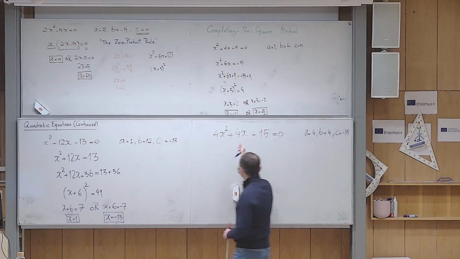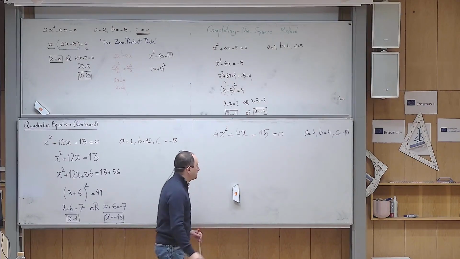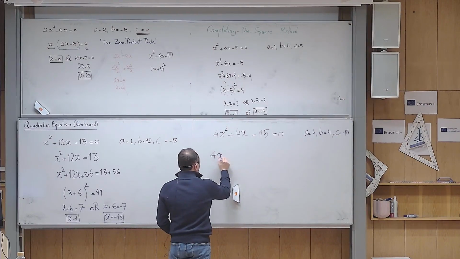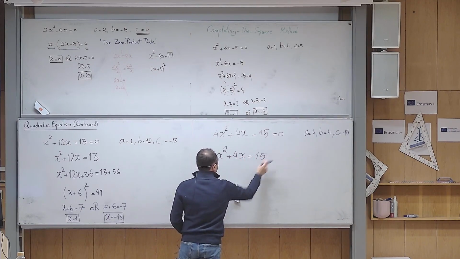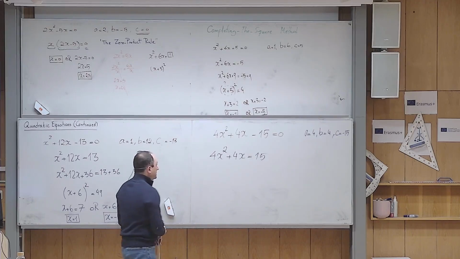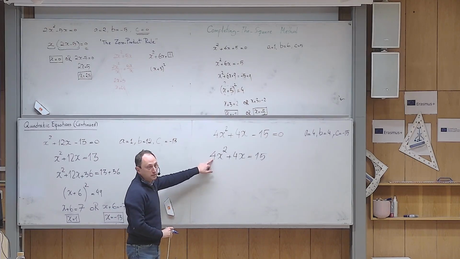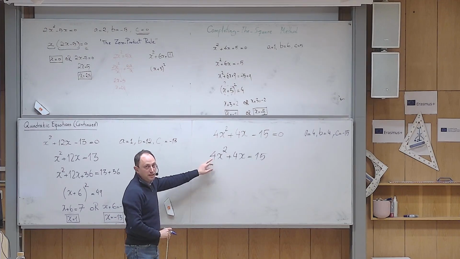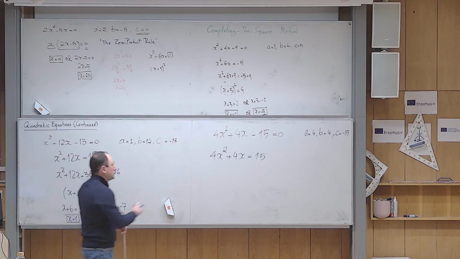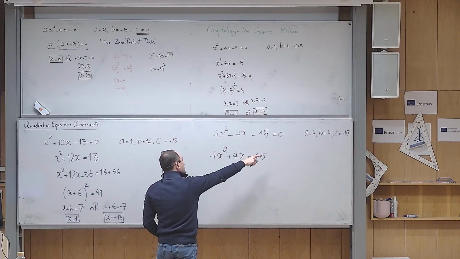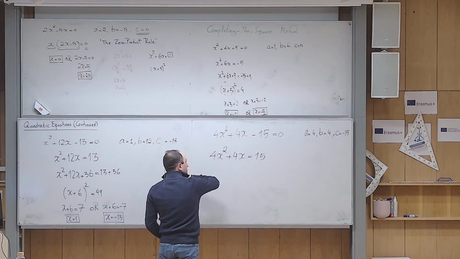So the first thing that you do is, as before, you move 15 to the right. So it becomes 4x squared plus 4x is equal to 15. The next step is to divide everything by this number, which is something more than before, of course. Here, the first step is to move the constant number to the right as before.